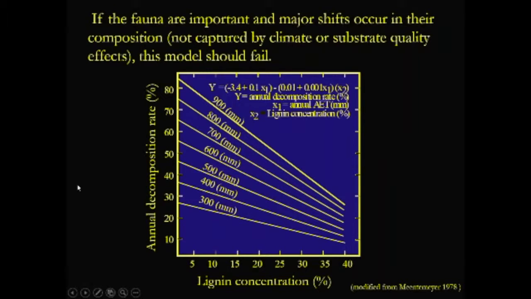So in 1978, when describing decomposition rates across latitudinal gradients, Meyer found that the annual decomposition rate was well predicted by 2 of those 3 variables: by the annual actual evapotranspiration, which is a climatic variable, and by the lignin concentration, which is a substrate quality index.